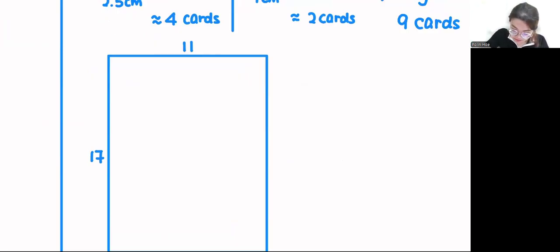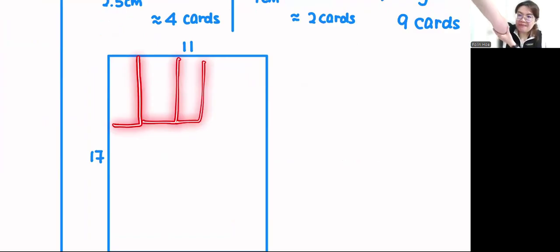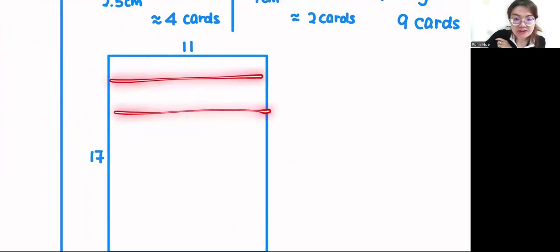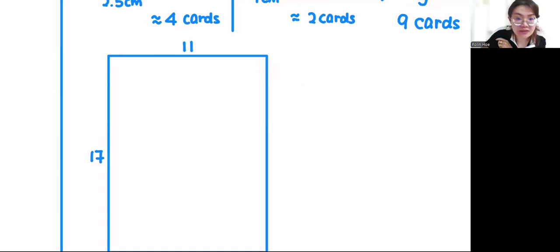You don't tell me, teacher, we cut like this. If you cut like this, then it will be exactly the same as the first one. Now I can only cut it horizontally. Okay, I can only cut it like this.